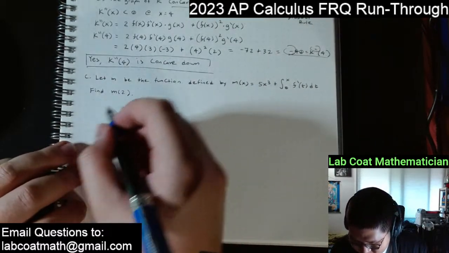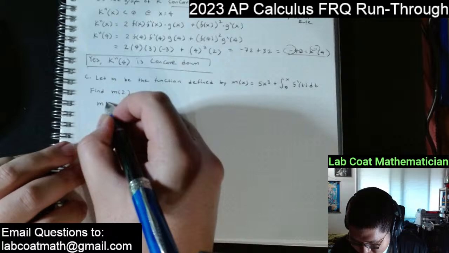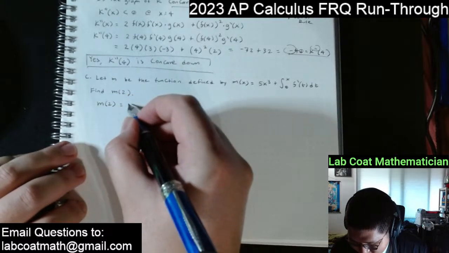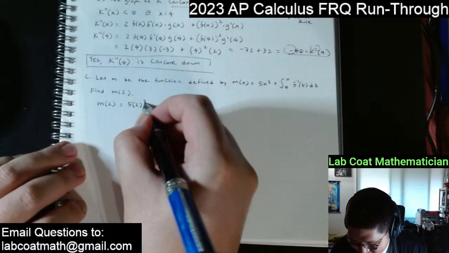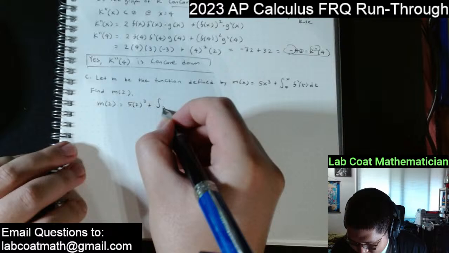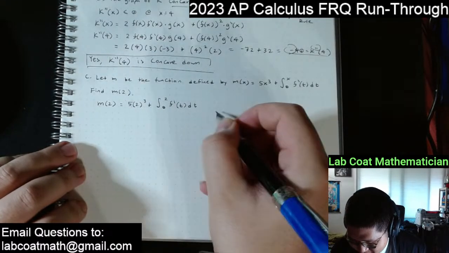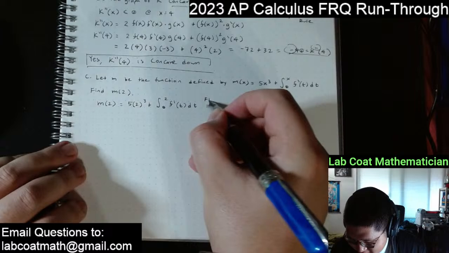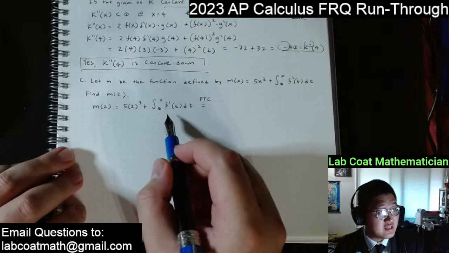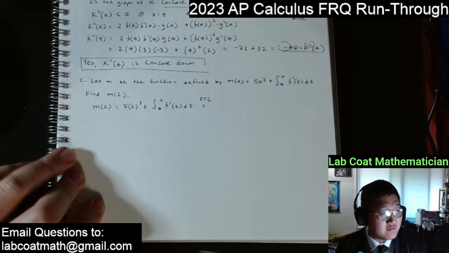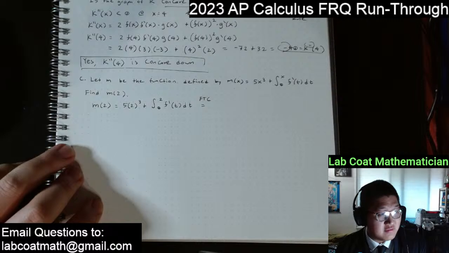Very easily, if we wanted to plug in for 2, m of 2 is equal to 5 times 2 to the third power plus the integral going from 0 to 2 of f prime of t dt. Meaning we have to use the fundamental theorem of calculus because we are taking the integral of the first derivative function of f.